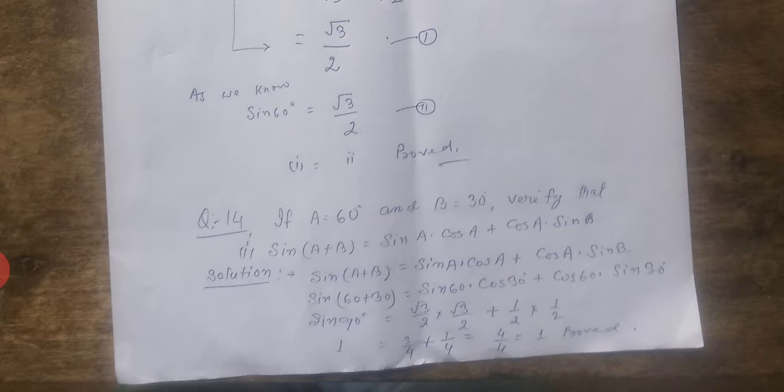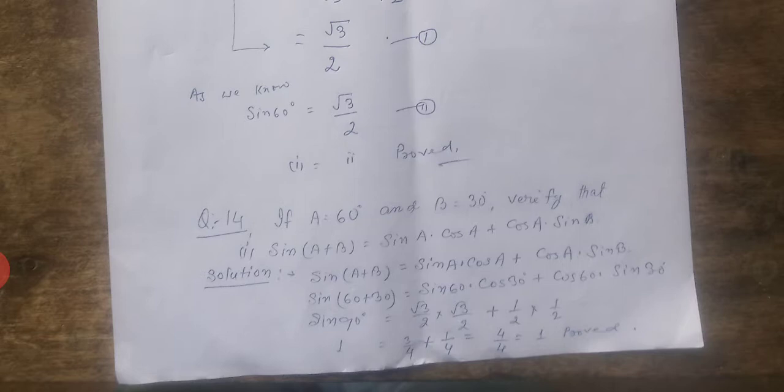Sin (A plus B) is equal to sin A into cos B plus cos A into sin B. Putting the values of A and B in this expression, now we see sin (60 degree plus 30 degree) is equal to sin 60 degree into cos 30 degree plus cos 60 degree into sin 30 degree. 60 plus 30 is equal to 90 degree.